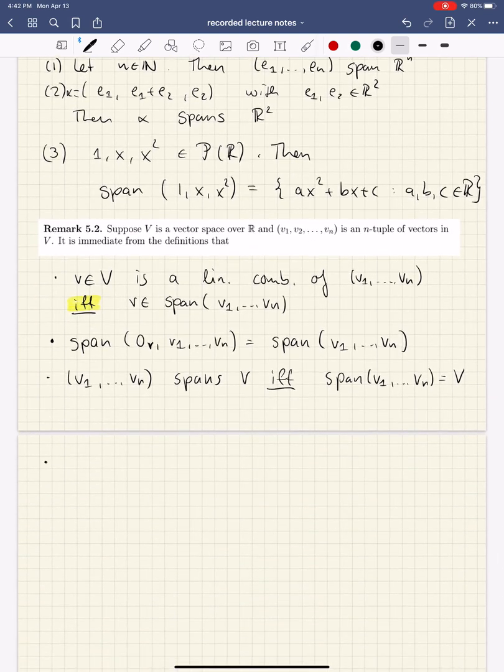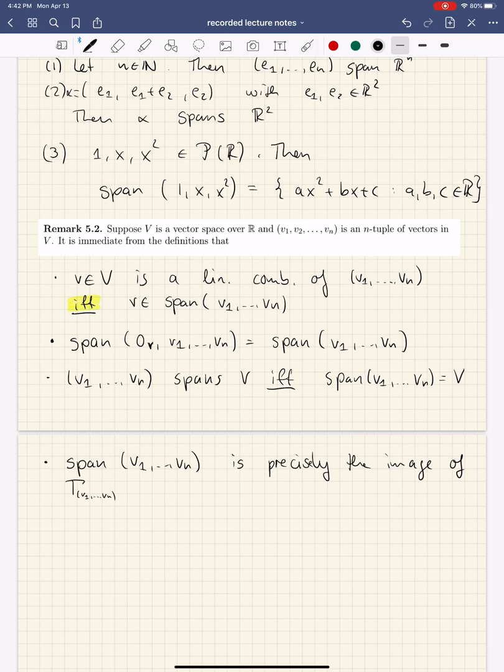More things to note here: if you look at the span of this element, this is precisely the image of gamma subscript v1 through vn.